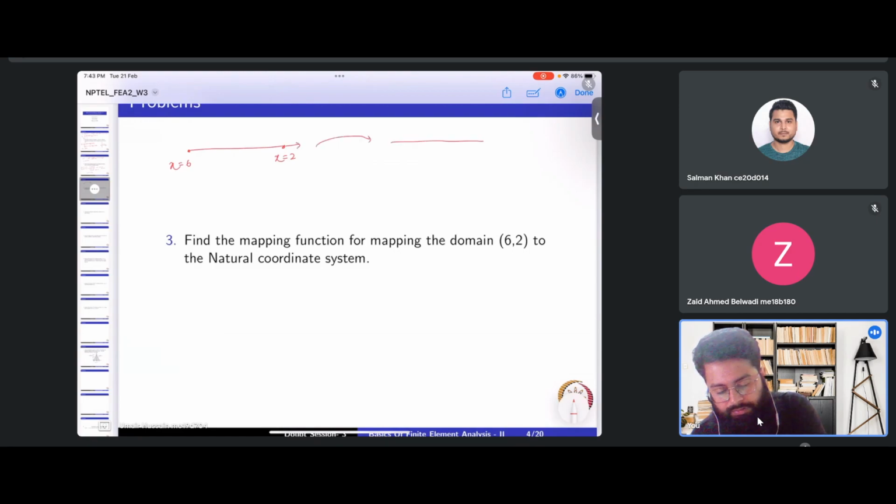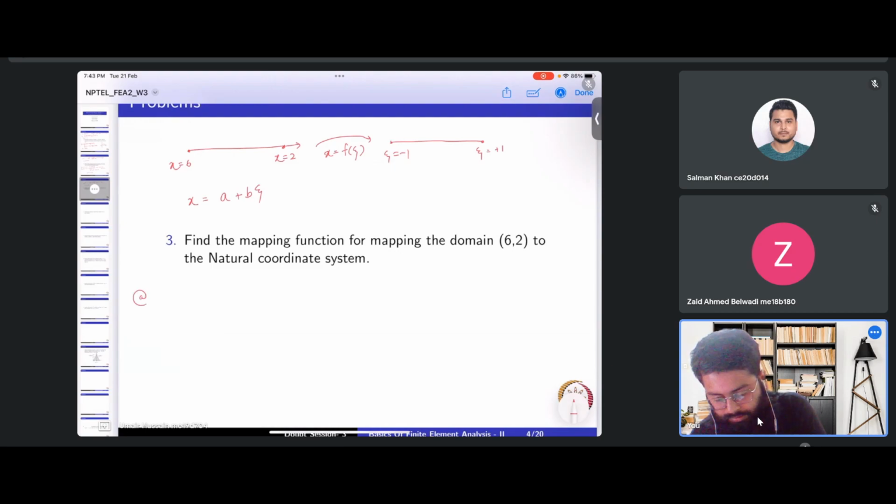I need to transform this to a natural coordinate system. Right? So again we use the same assumption of linear mapping function.